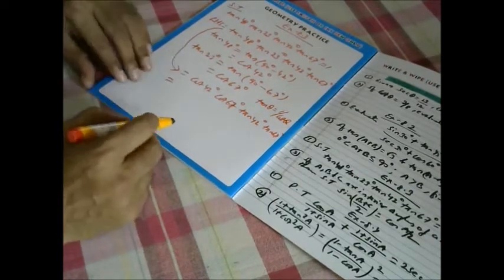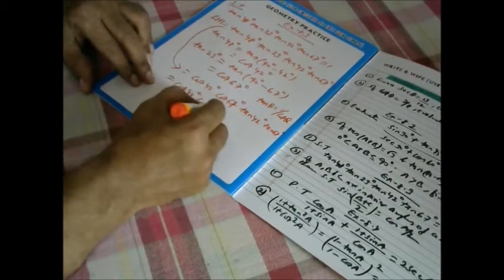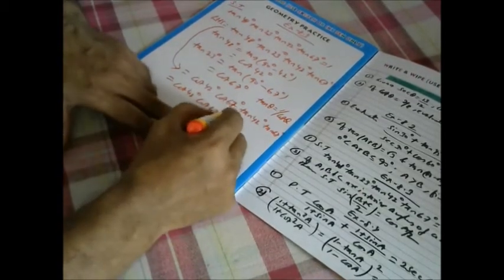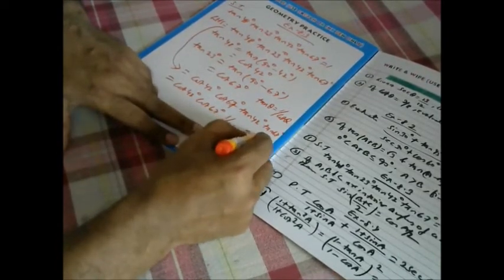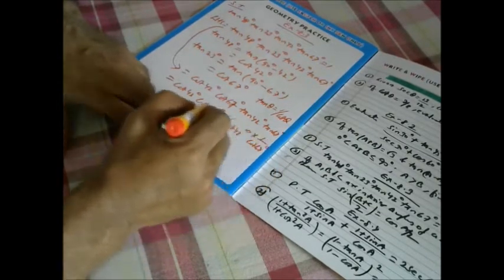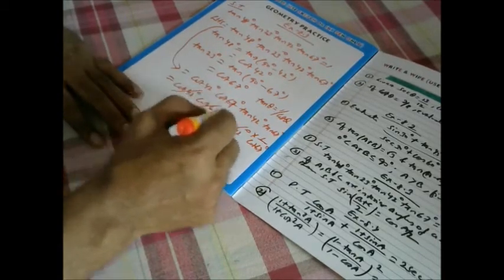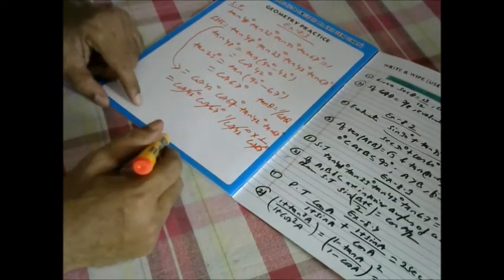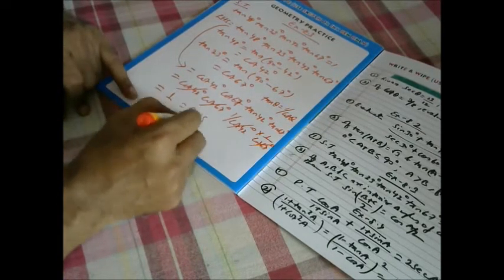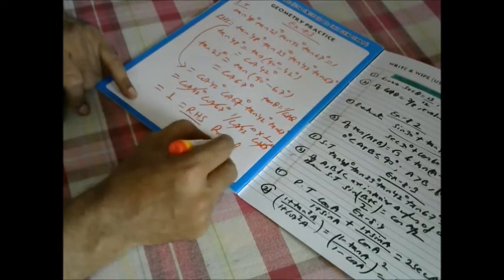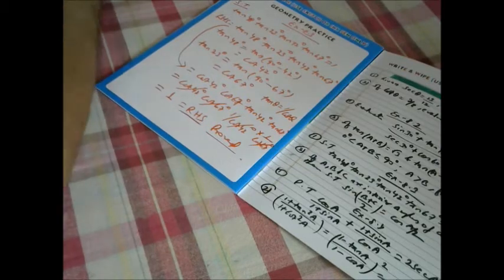So tan 42 degree we can write 1 by cot 42 degree, and tan 67 as 1 by cot 67 degree. So cot 42 degree has cancelled, cot 67 has got cancelled, and we are left with 1, which is only RHS. So it is proved. In this way we are proving.